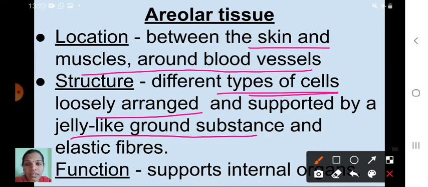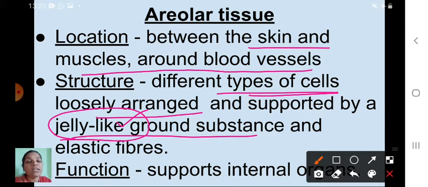Okay, so in that intercellular space, which one is there? Ground substance. Ground substance, already I told, may be solid or liquid or jelly like. So here in areolar tissue, the space between the cells has ground substance. That substance might be jelly like, okay, and elastic fibers.